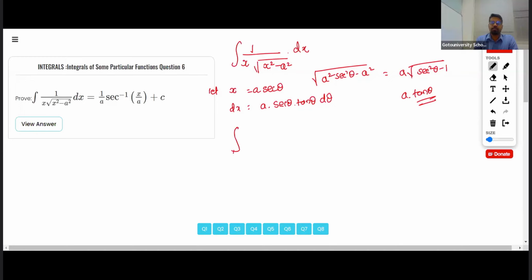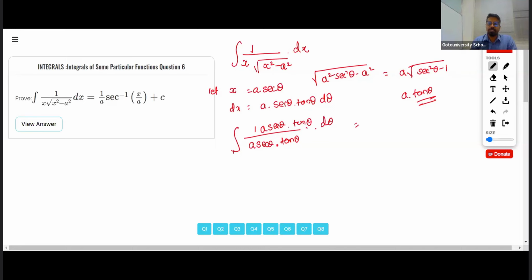Our problem is 1 by a secant theta into tan theta, into, in the place of dx, a secant theta into tan theta d theta.